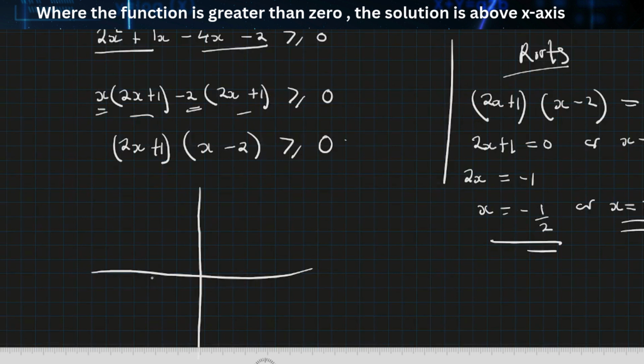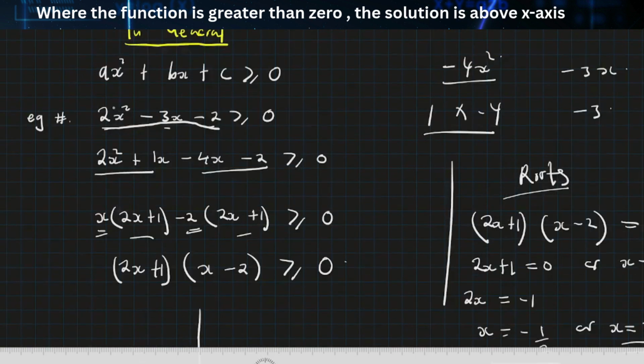So if x equals negative half, it's 0 here, so half is on this side. Or x equals positive 2, which means x is on this side, which is 2 here. So definitely our graph is going to be cup-shaped, or a U. It's going to be U-shaped because we have a positive leading coefficient here. If we have a positive leading coefficient, our graph is going to look this way.